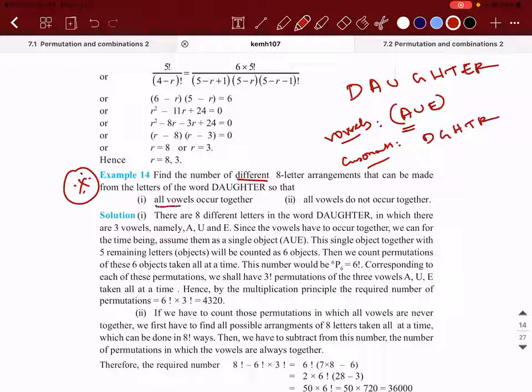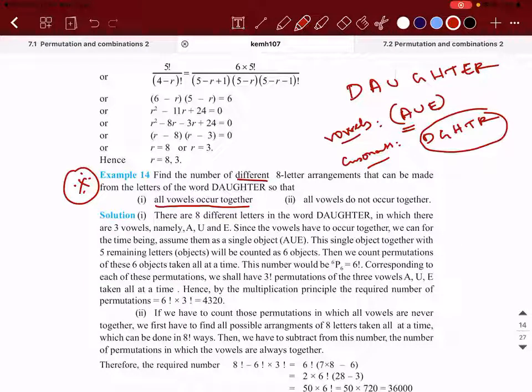Whenever they say this kind of thing, how will you solve this? Can someone tell me the hint of how to solve these kinds of problems? Consider the 3 vowels as one. So you consider the 3 vowels as one object. That one object, wherever it moves between these consonants, will move as a single entity. Correct? Now, if I consider these vowels as one object, how many blank spaces will I have?